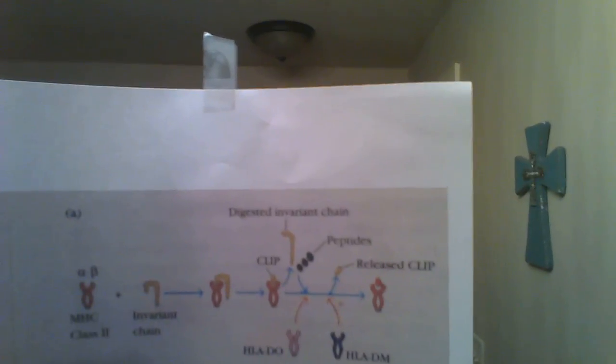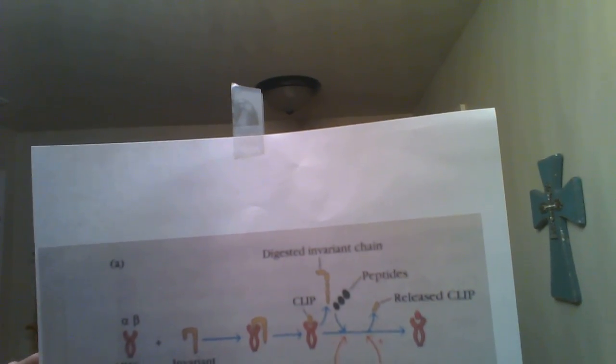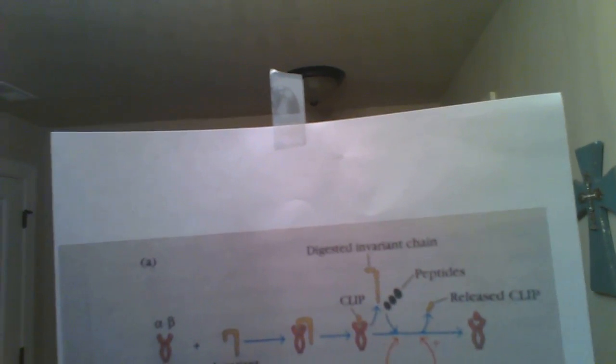And so I have another diagram to show you real quick of how this HLA-DM molecule is working. So basically, as I already told you, we've got the alpha and beta chains of the MHC class 2, and that invariant chain will come in and help us go down the exogenous pathway instead of that endogenous pathway.